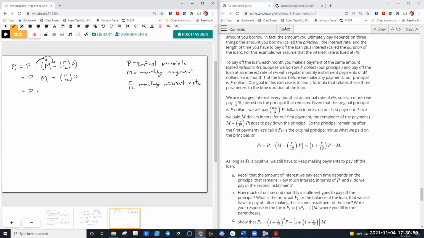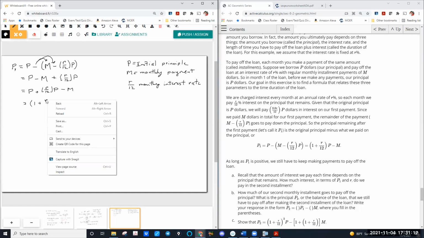So P plus R over 12 times P, minus M. That allows me to factor a P out. And I'm going to write it the same as the book. I think myself, I like writing it another way, but I want it to match up with the book. If I factor the P out of those two terms, I get something that looks like this.